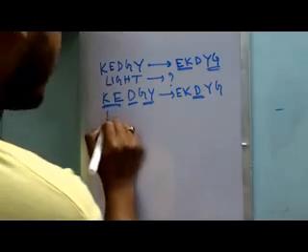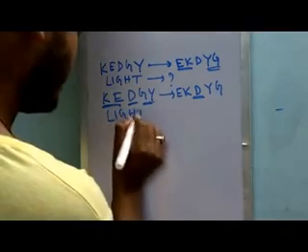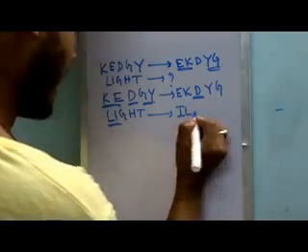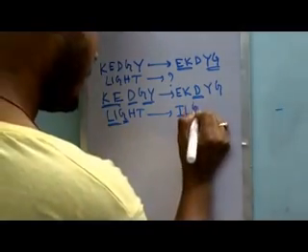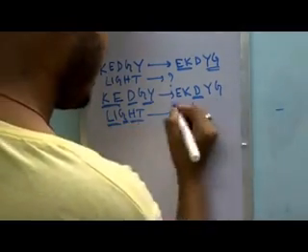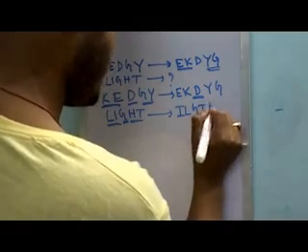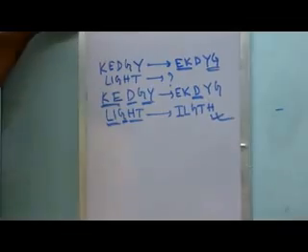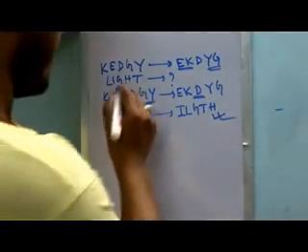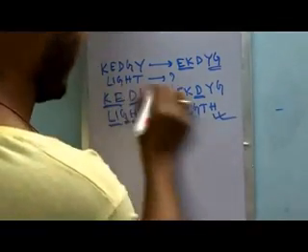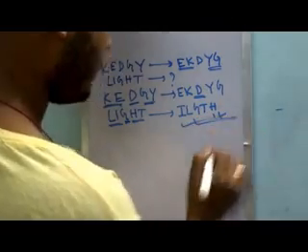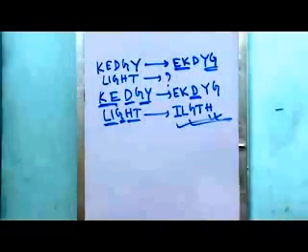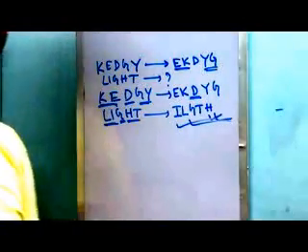Similarly in the case of LIGHT, LI position will be reversed to IL, G will be kept intact, and HT position will be reversed. So that will be ILGHT. So LIGHT will be decoded as this one. So that's the logic. Hope you have got it properly.